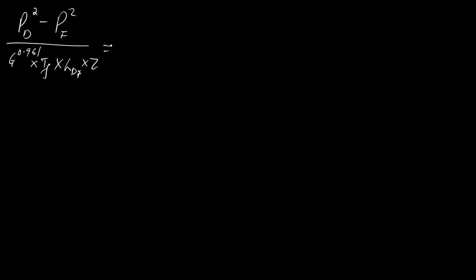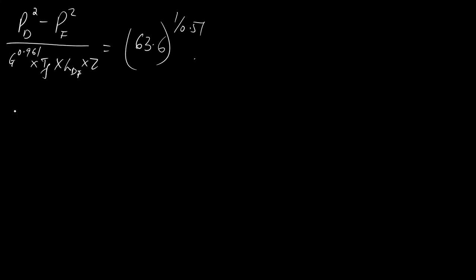Now let's go here. We have PD square minus PF square divided by G raised to power 0.961 times TF times LDF times Z. This will be equal to 63.6 raised to power 1 all over 0.51.